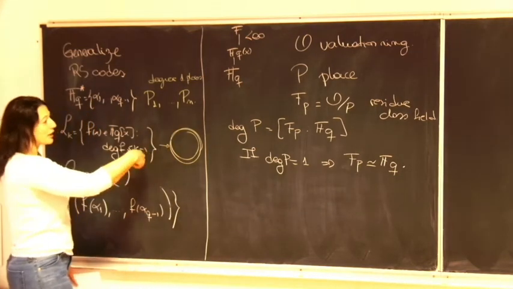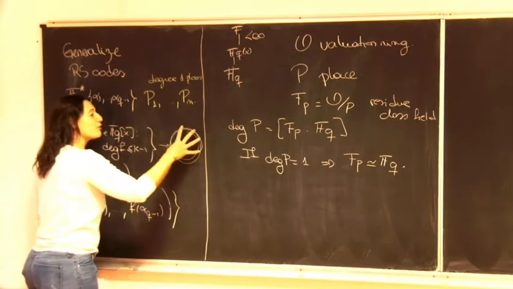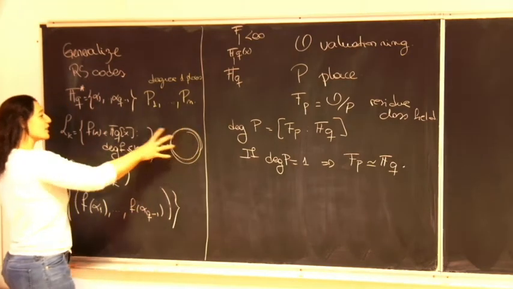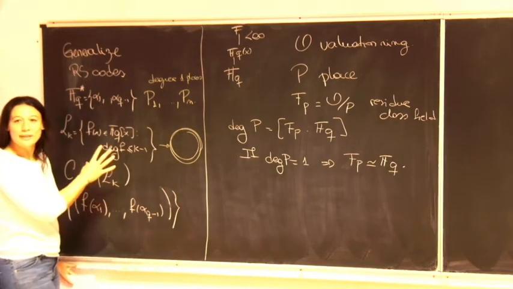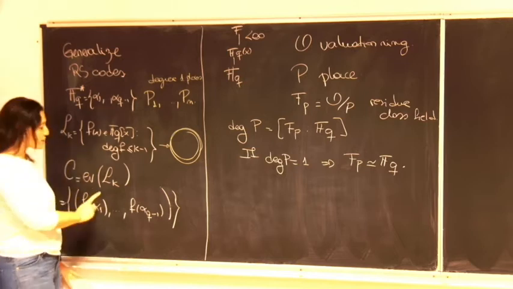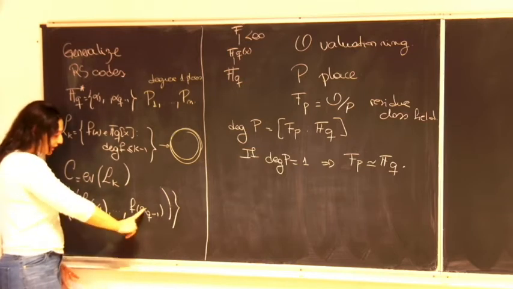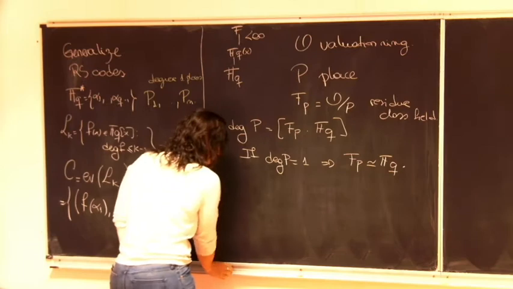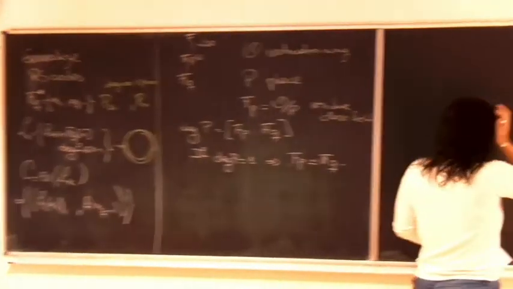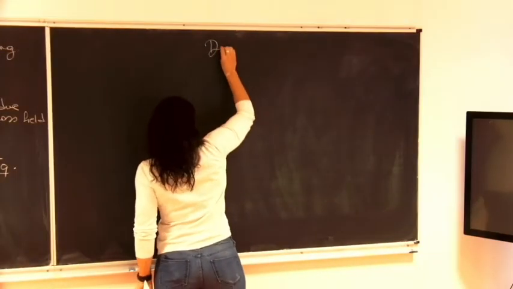So that's what we are going to do today. How to define a space that generalizes this space of polynomials in which we can do the evaluation to have good things. And that are divisors.